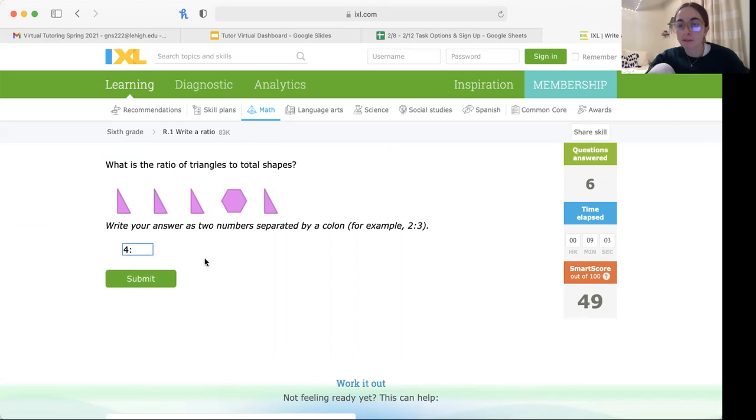Don't let this part confuse you. Don't compare it to the singular hexagon that is here. Compare it to the total number of shapes. So count all of these. 1, 2, 3, 4, 5. The ratio of triangles to total shapes is 4 to 5. You can also think of this as a fraction.